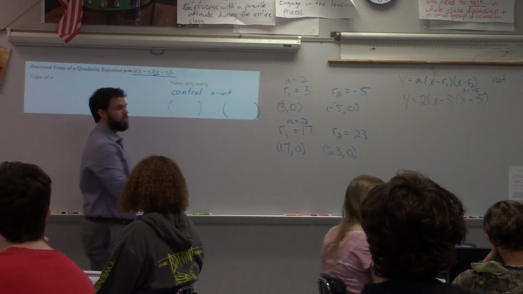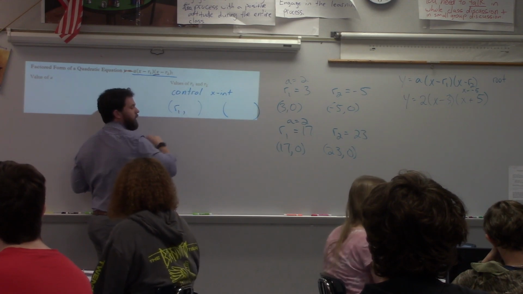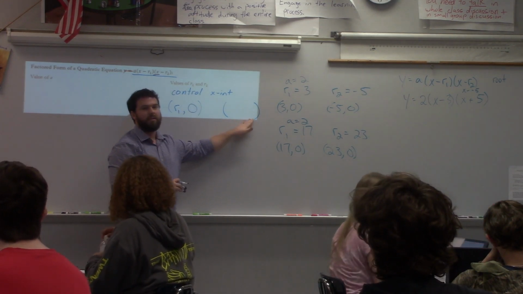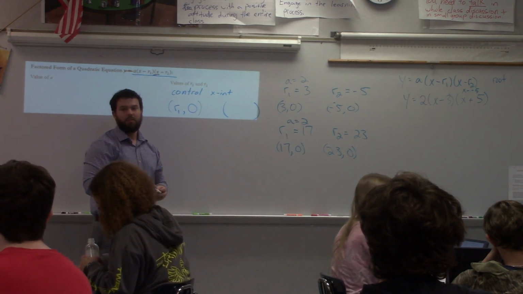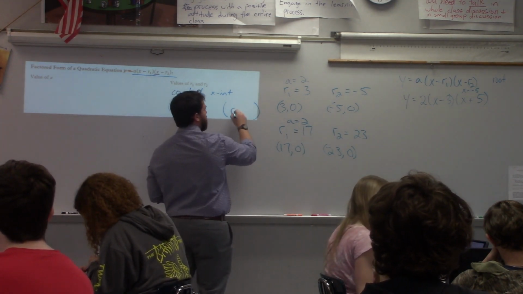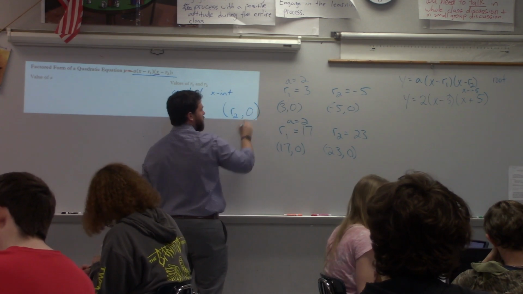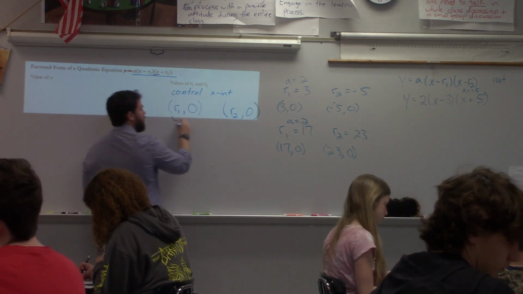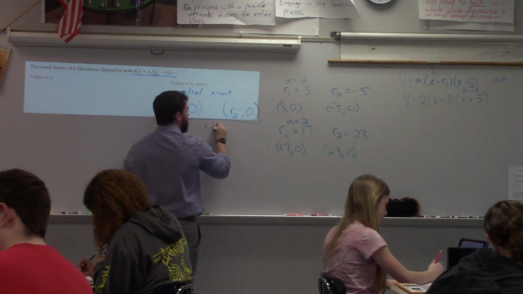Isn't it the first root? So R1, comma, 0. We have a second x-intercept, it's just going to be R2, comma, 0. Trayana, you good with that? Okay. So notice, these are our x-intercepts.